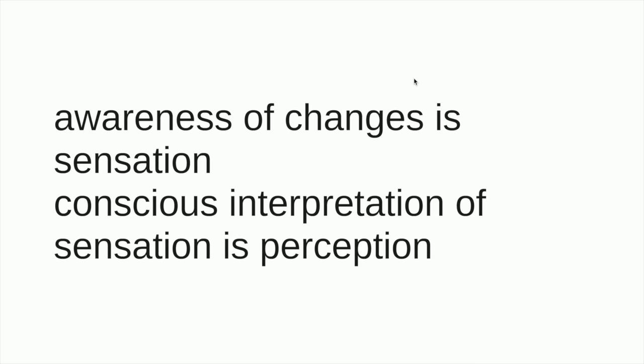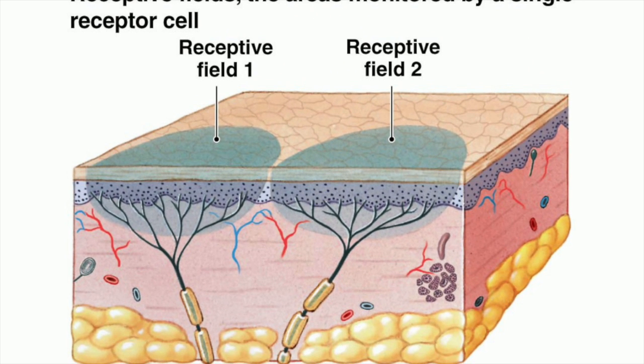And the awareness of changes in the external and internal environment is called sensation, and the conscious awareness of sensation is called perception. The conscious interpretation of sensation is perception. Each receptor has a unique receptive field.